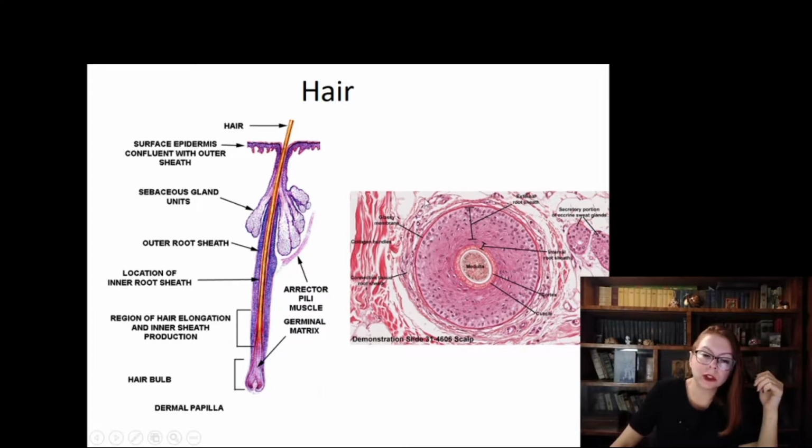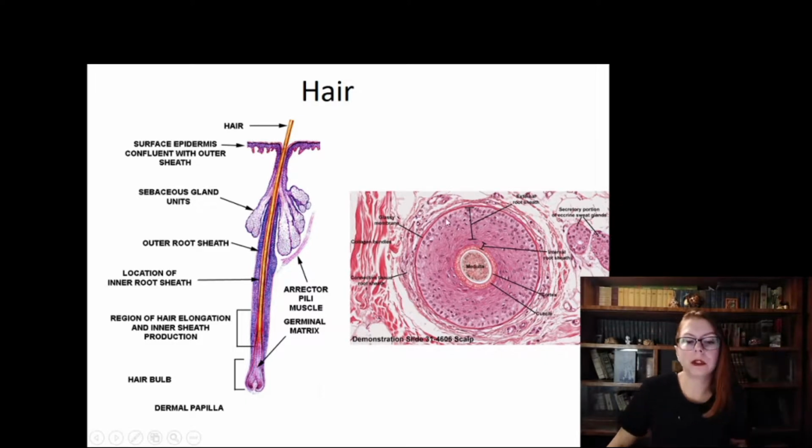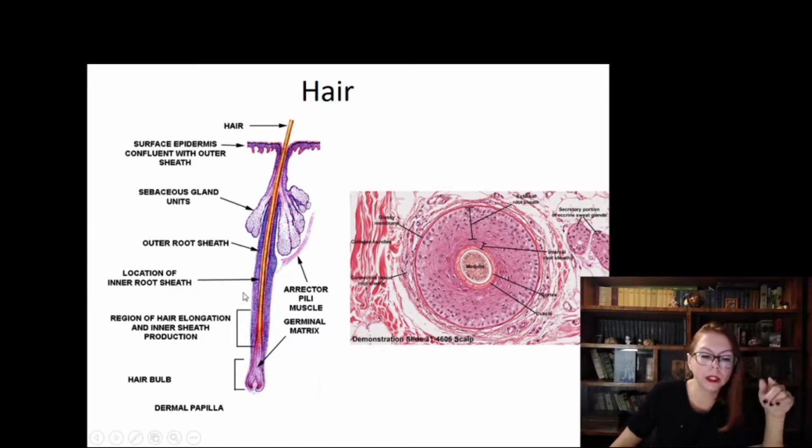This external root sheath is separated from the connective tissue surrounding the hair follicle by the so-called glassy membrane. This is actually the basement membrane of the epidermis. Then, by invasion downwards, these epithelial cells also form the internal root sheath, which reaches the level of the sebaceous glands. Above the sebaceous gland level, we can find the internal root sheath only here.